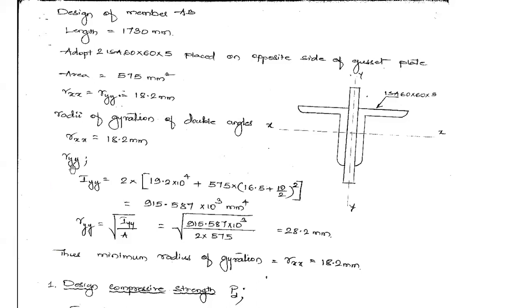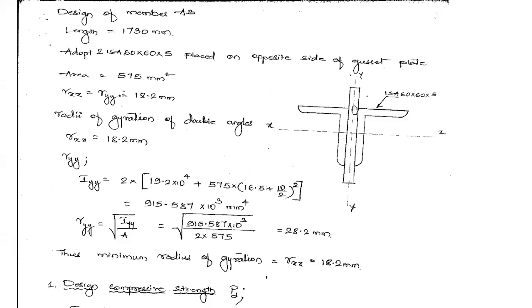When it comes to the y-y axis, this vertical axis, the centroidal axis of the individual single angle section is somewhere over here, whereas the centroidal axis for both sections considered together, this compound section, is passing through the middle of this gusset plate.